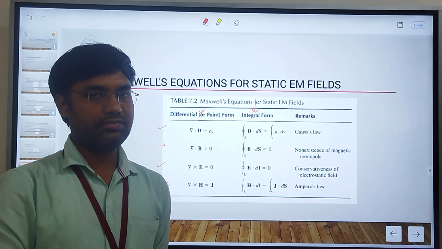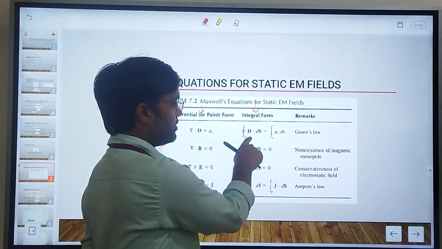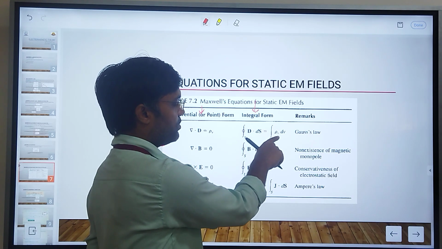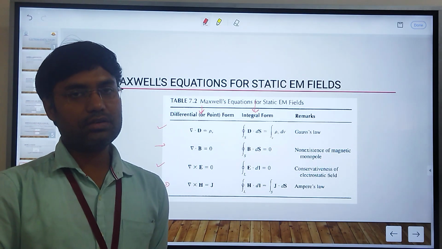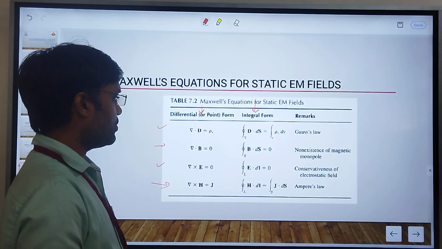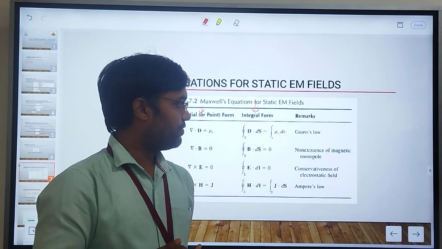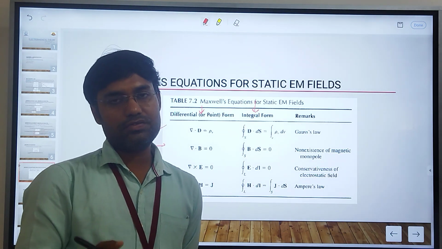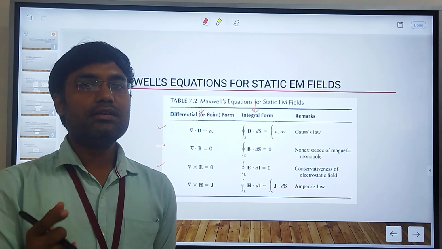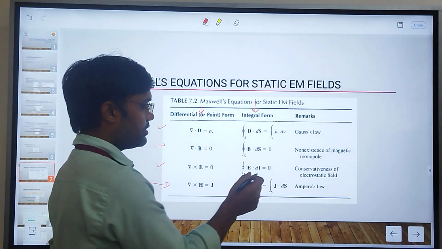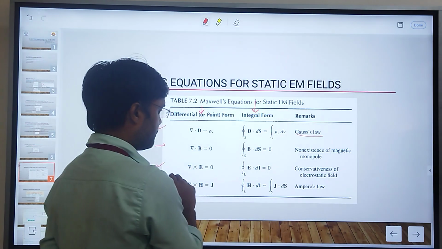We can write in any form: the surface integral of D dot ds is equal to rho v, the volume charge density. This is the Gauss law. Gauss law states that the total flux passing through a closed surface is equal to the total volume charge enclosed by that area. This is the Gauss law for electrostatics.